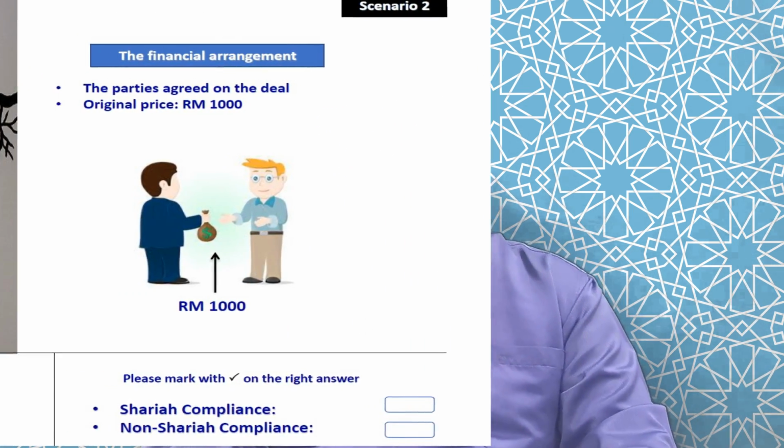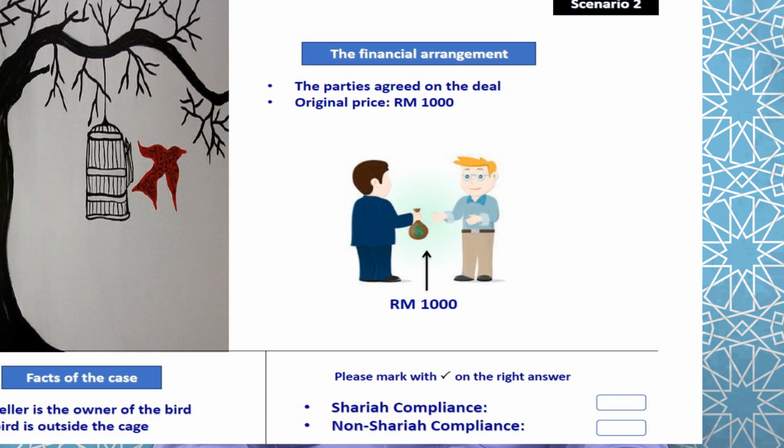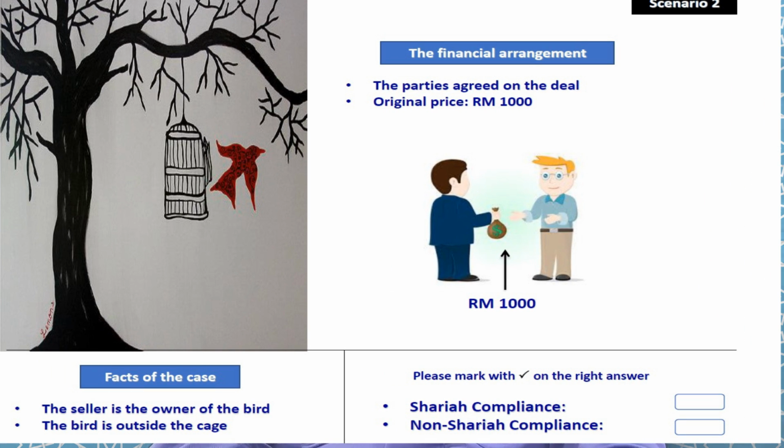Now let's give a second case, whereby it is the same scenario, the same facts, and only one thing has changed. We read the facts of the case. The seller is the owner of the bird, the same. But here the bird is outside the cage.